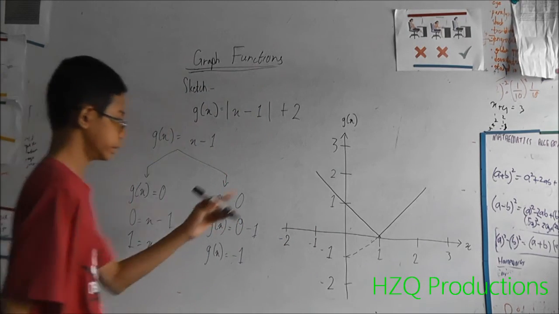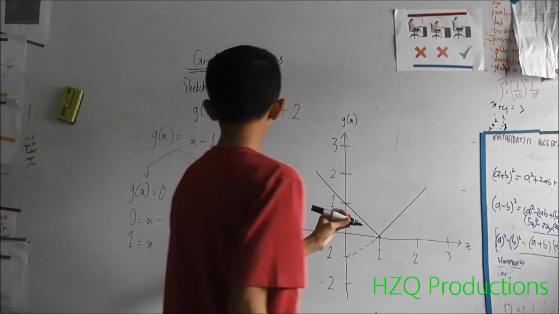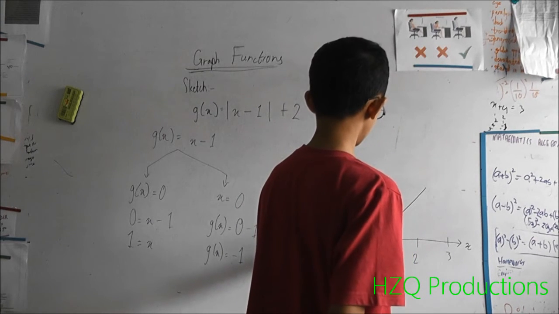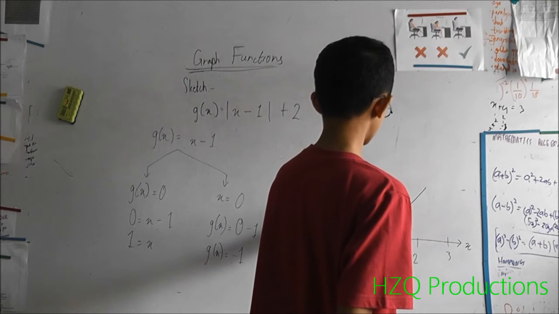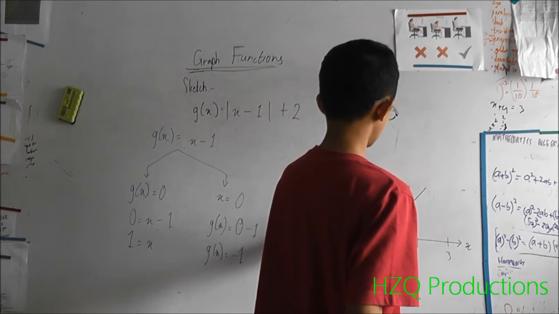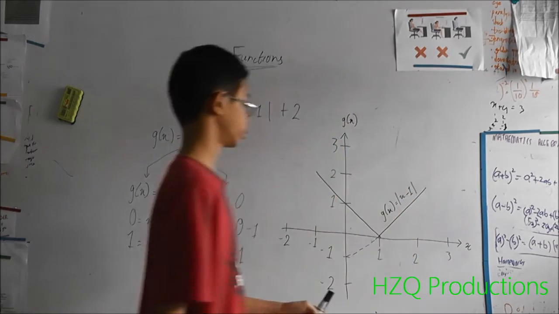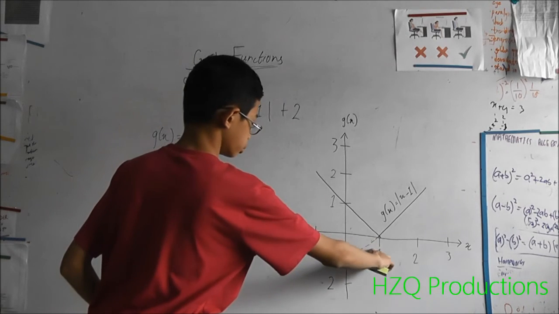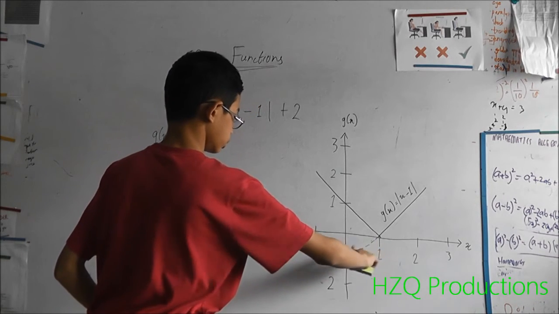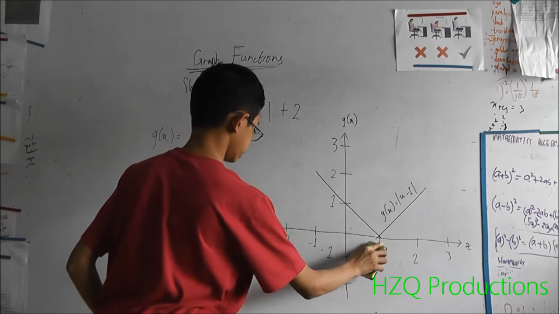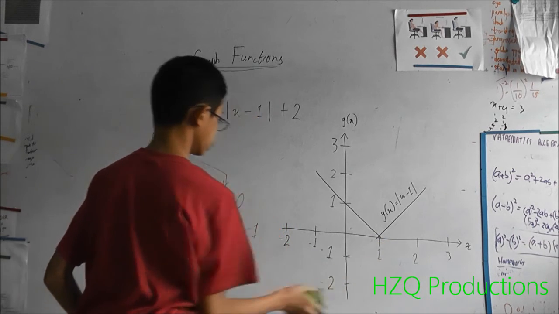So this line here is called g(x) equals modulus x minus 1. Actually you don't have to use this line here as your answer, so you can delete it if you will.